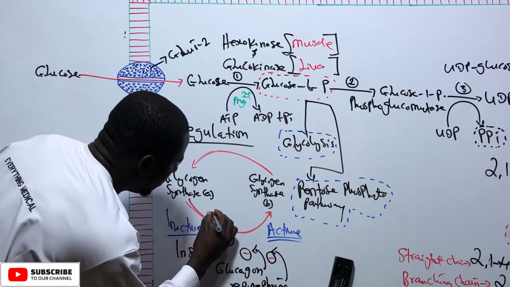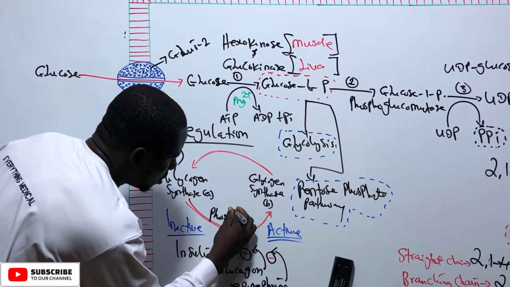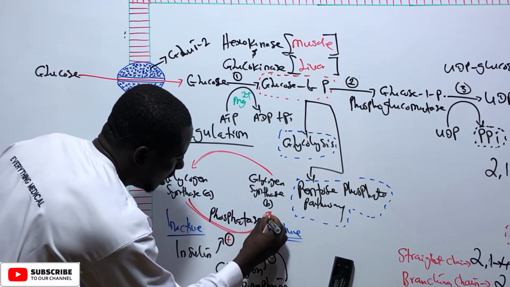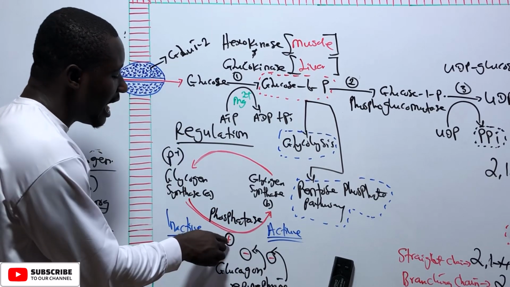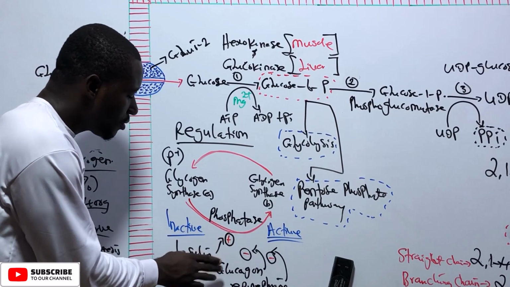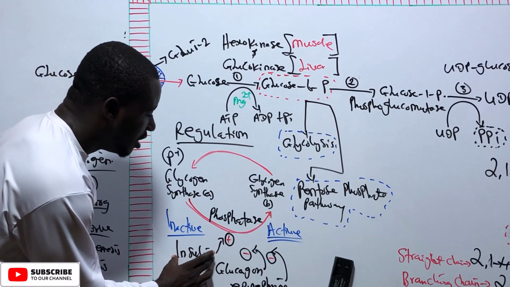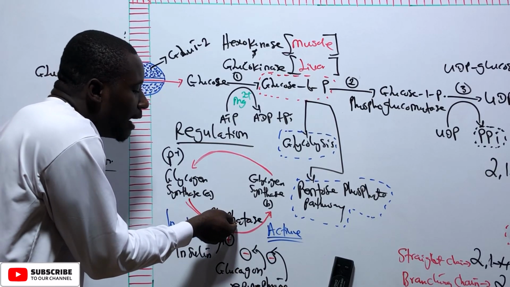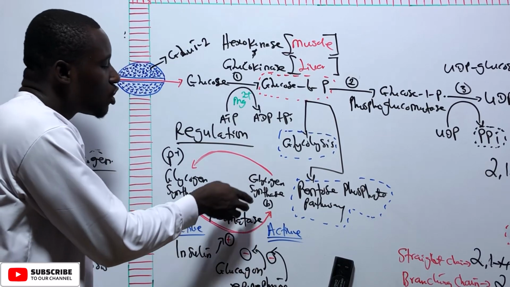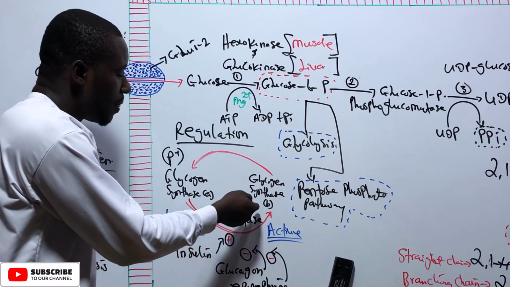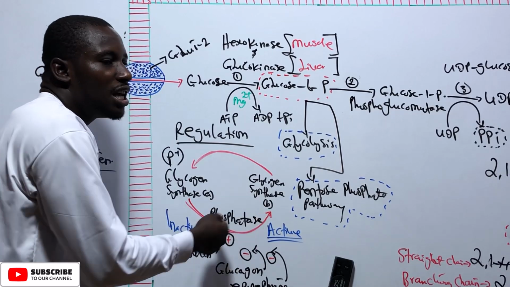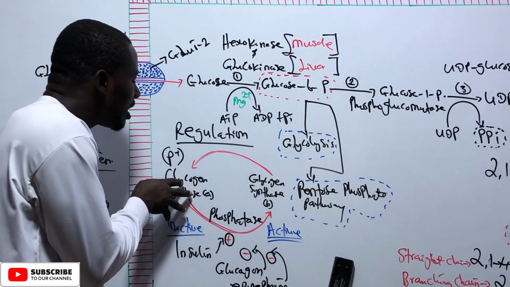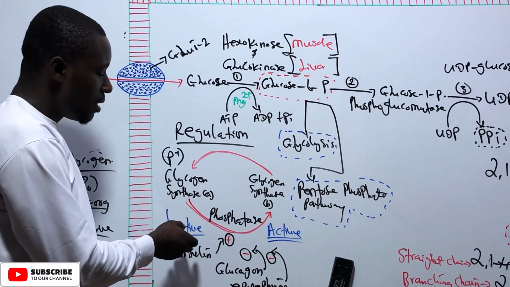So let's write it here. Phosphatase enzyme. So this enzyme, what does it do? Insulin helps to activate this enzyme so that it keeps glycogen synthase in a dephosphorylated state, because already this one is phosphorylated.